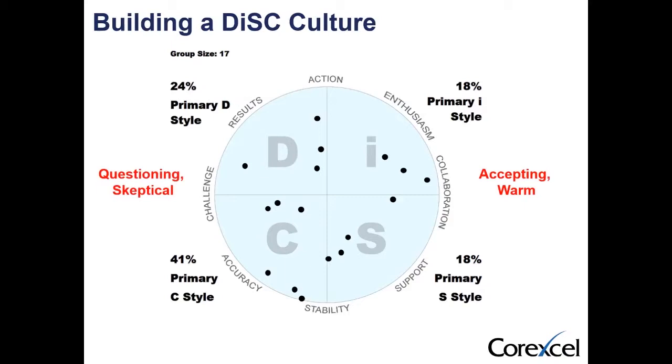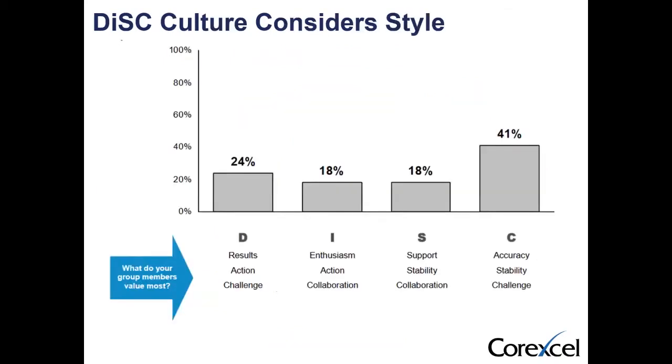The other thing you can notice is that they are also more on the bottom part of the scale, which is more cautious and reflective than that fast-paced, outspoken side. So it's sometimes clearer to look at how DISC considers style on a graph.